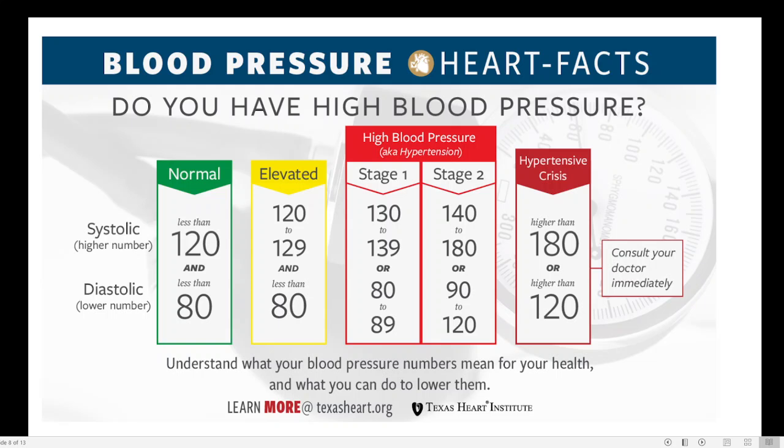But after a certain period of age, normally after 35, the pressure gradually increases, especially if your body weight is increasing, and if you have some other natural tendency, like your father or mother having a history of higher pressure. Then normally your pressure will start increasing after the age of 35.